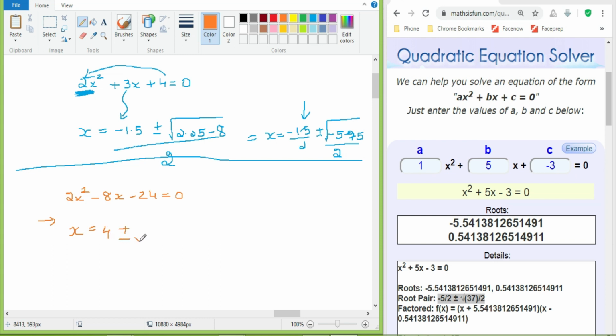Plus or minus root of 4 square is 16 and 24 2 times is 48. Since it is negative, I have to add it over here. So what is 16 plus 48? Yes, is it 64?